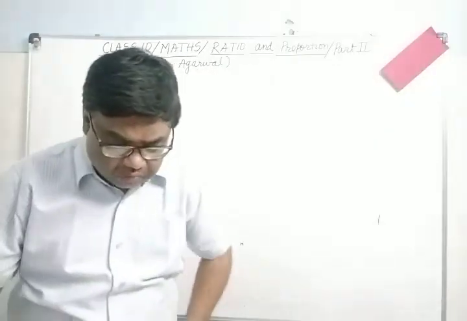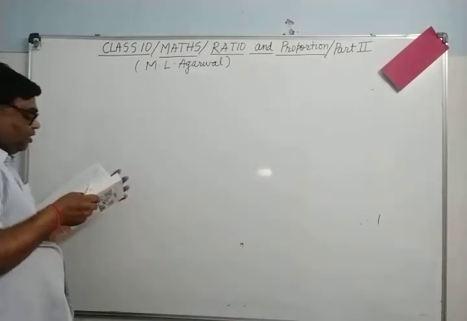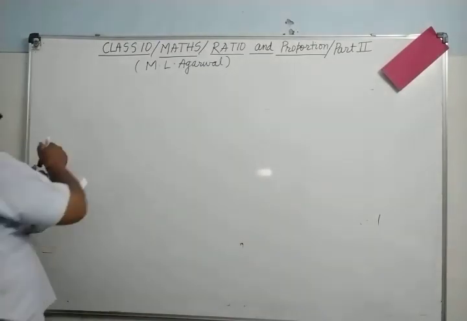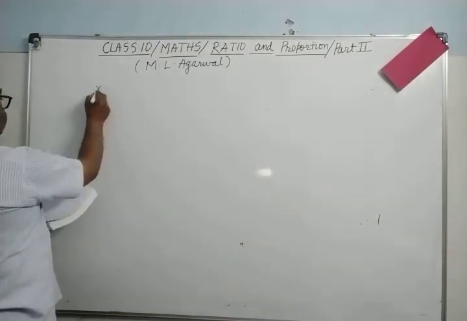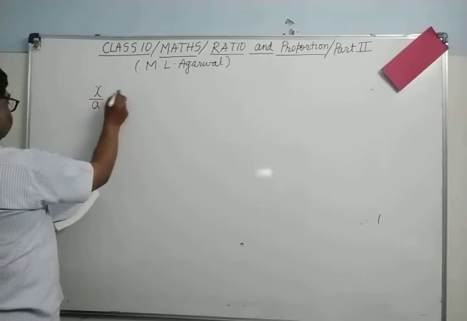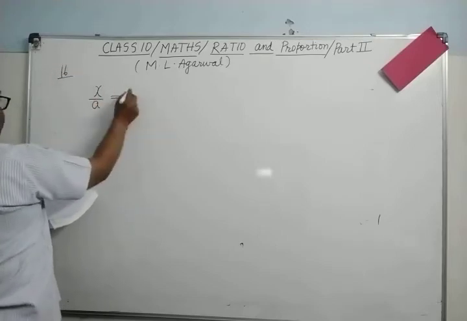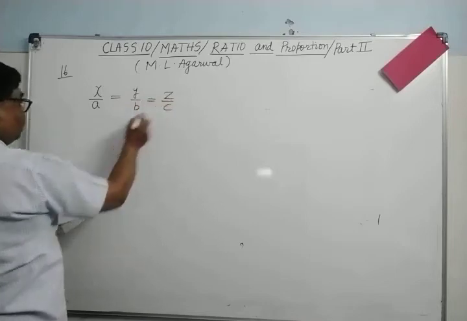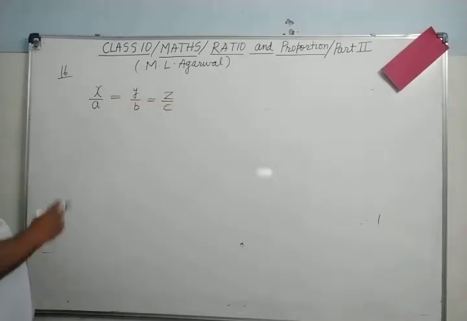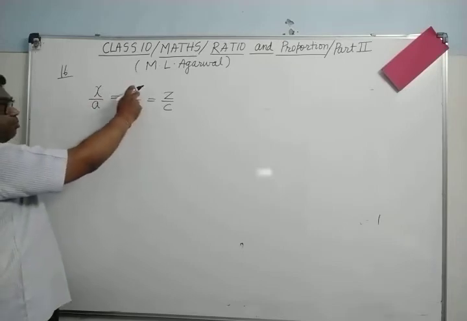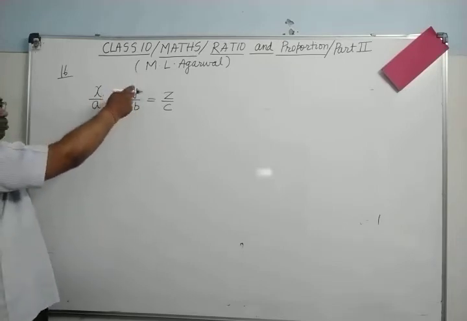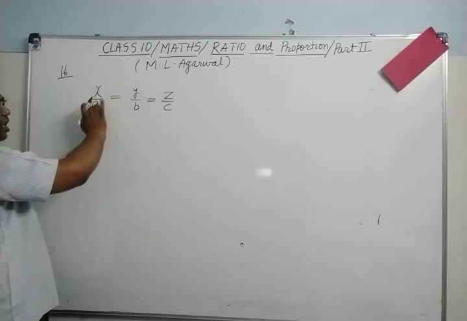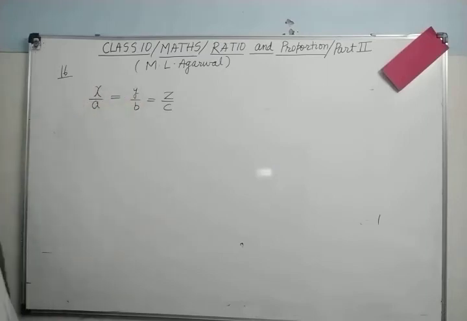Now see question number 16. Here it is given x upon a equals y upon b equals z upon c. Here it is not repeating, x upon a and y upon b are not the same, so this is a question of proportion.